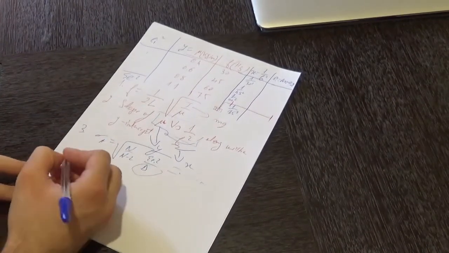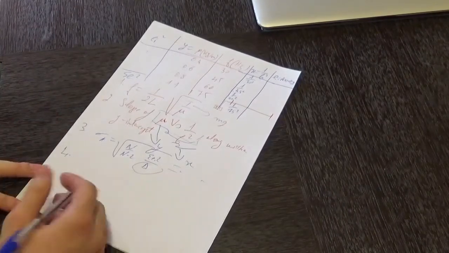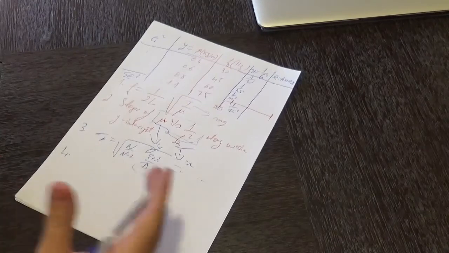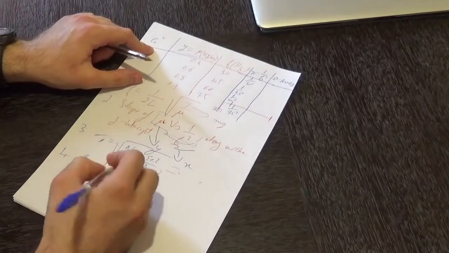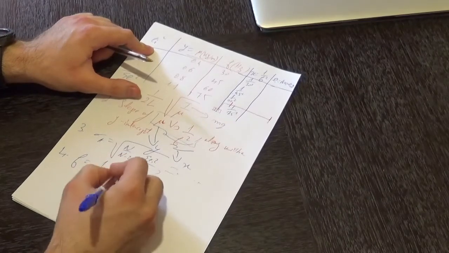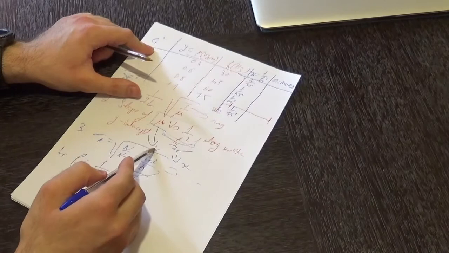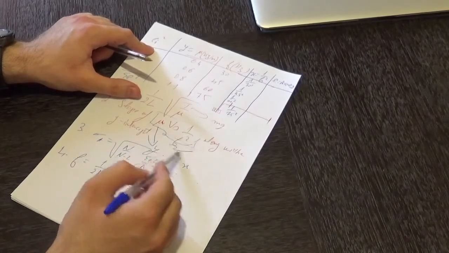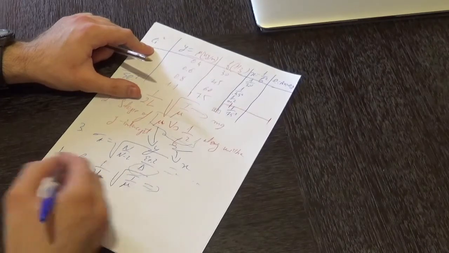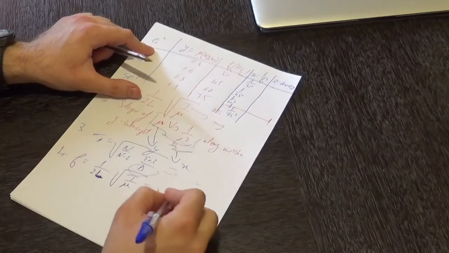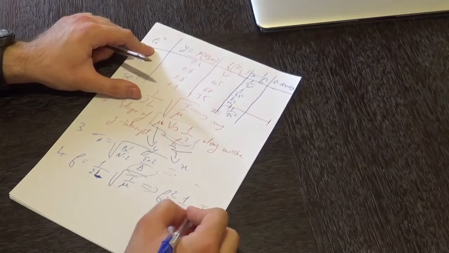Now in question number 4, let's say they ask you to identify the expression that represents the slope. So how can you find it in that case? We have f equal 1 over 2L times square root of T over mu, noting that y is actually mu and x is actually 1 over f squared. First of all, we have to square that entire equation to become f squared equal 1 over 4L squared times T over mu.